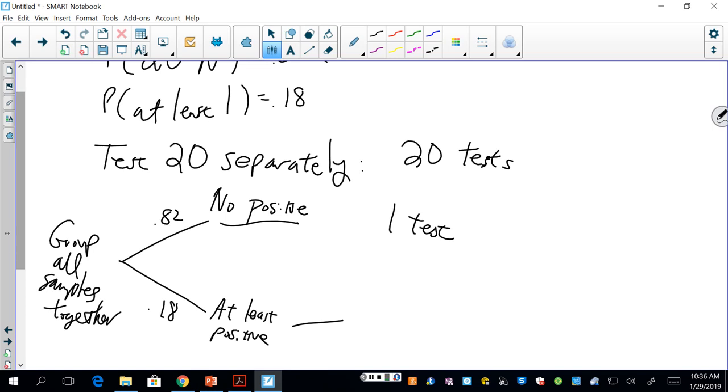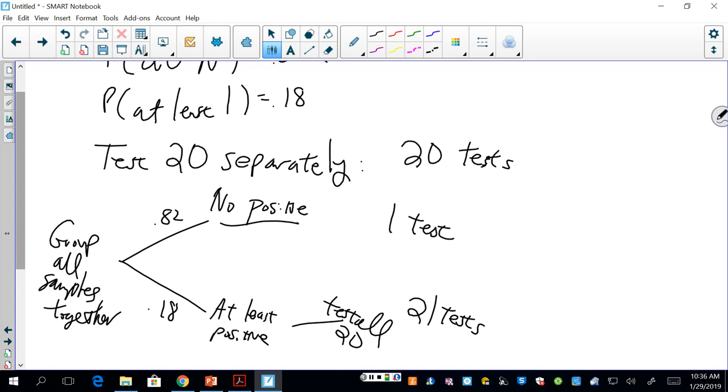If you had at least one positive in there, then assume you've saved enough blood, and test all 20 to find the one or the few that are positive. In this case, you've done 21 tests overall, assuming it costs the same.